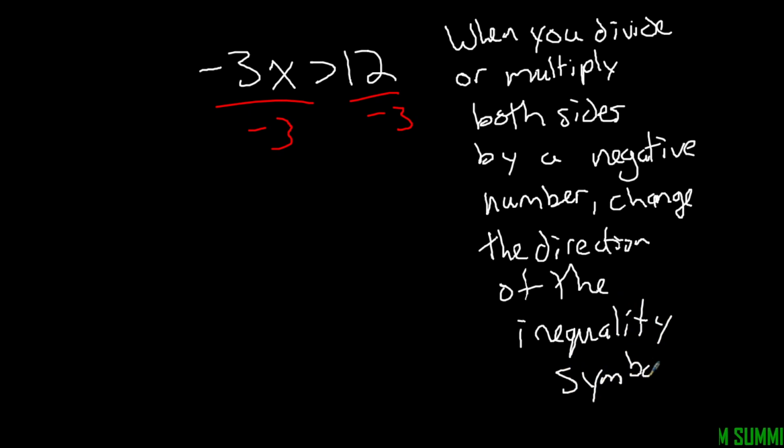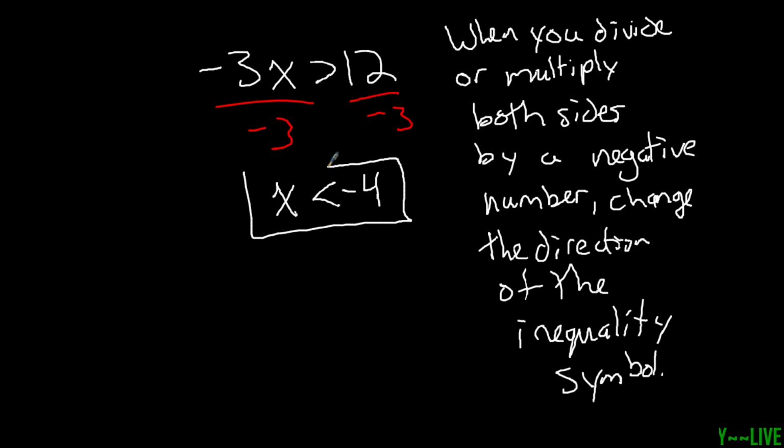So all we're saying is when I divide or multiply both sides by a negative number, this inequality has to be flipped. So right away I'm going to write that out. So I'm going to say it's going to be less than. So I have now x less than -4.